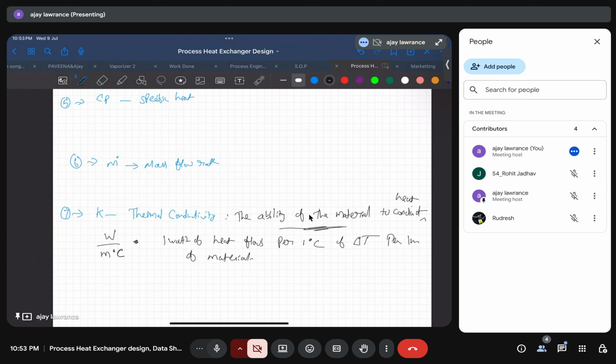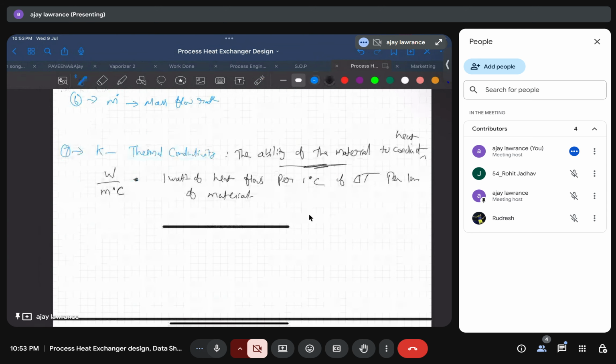Think that there is a rod here and the length of the rod is exactly 1 meter, because here also we are just quantifying it for 1 meter.